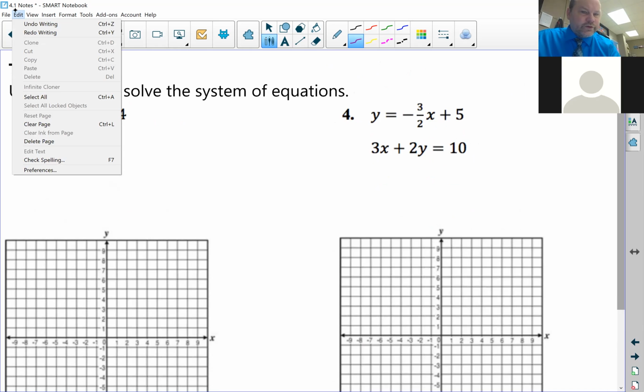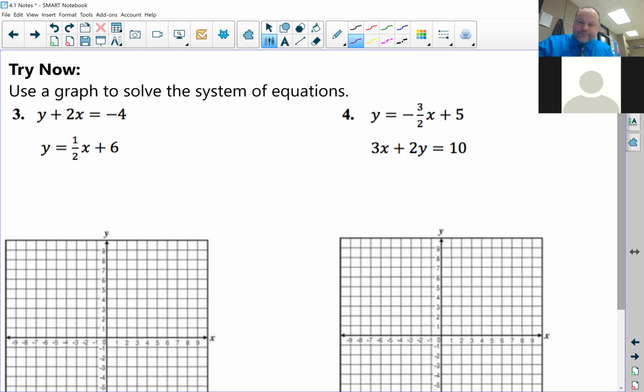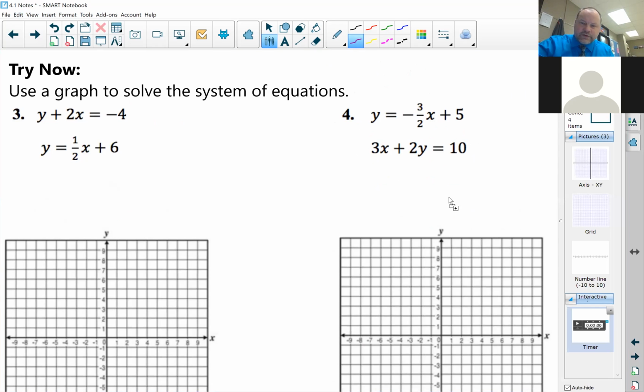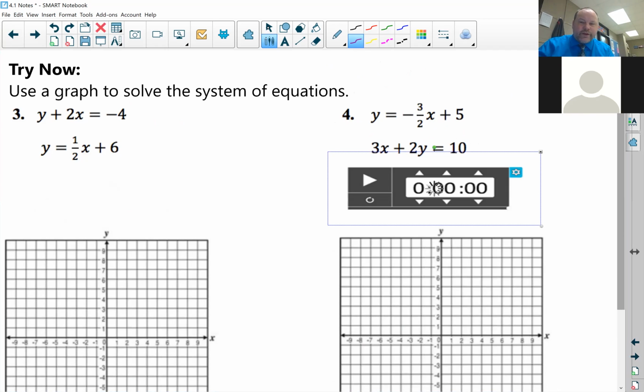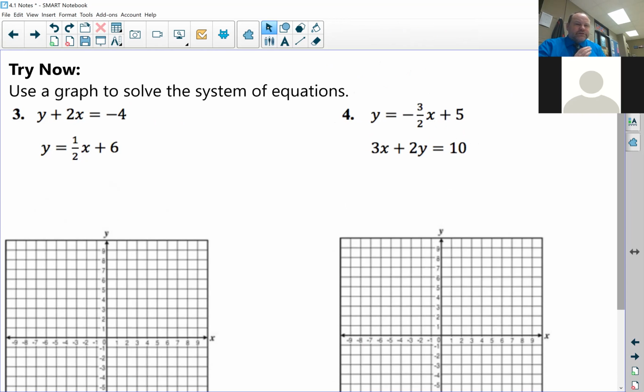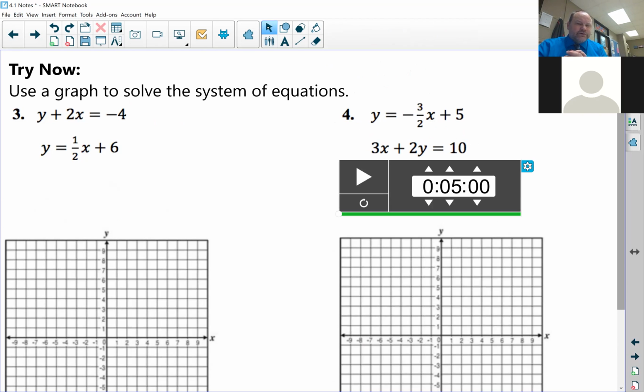So again, what I'm going to do is give you a couple of minutes to try these two. And then what I would like you to do is, as you finish them, put your answers in the chat.